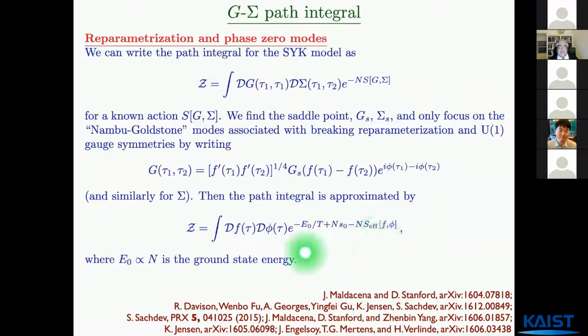And therefore, you can approximate this path integral over 2 bilocal fields by a path integral over 2 local fields. This is just quantum mechanics of f of tau and phi of tau with some effective action, which you just obtain by inserting this in there. That's the principle of this.